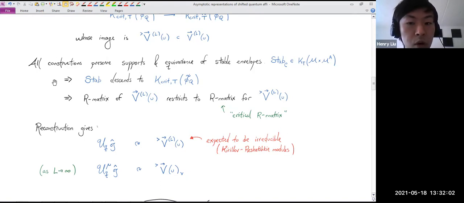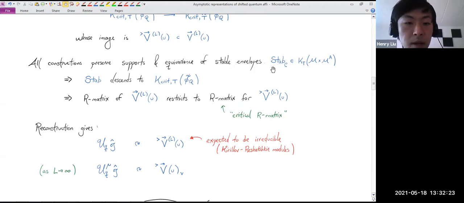And so all of these critical loci and the passage to equivariant critical K-theory are compatible with these supports and the equivariants for stable envelopes.